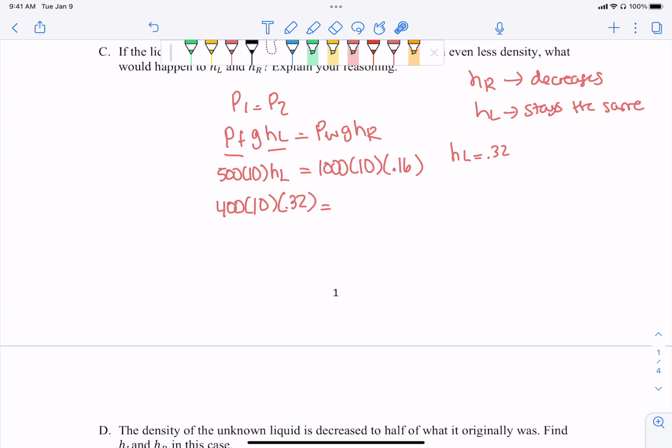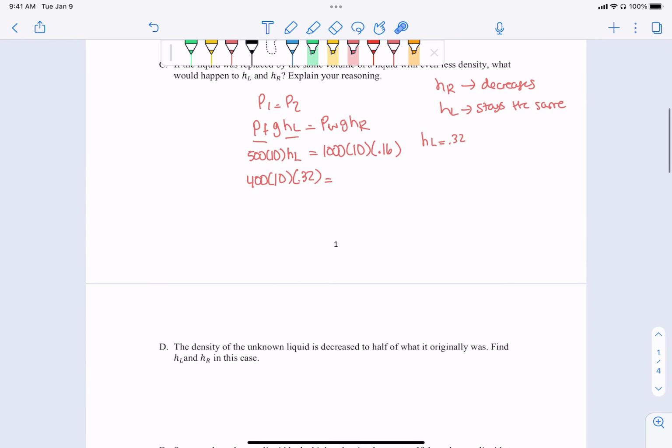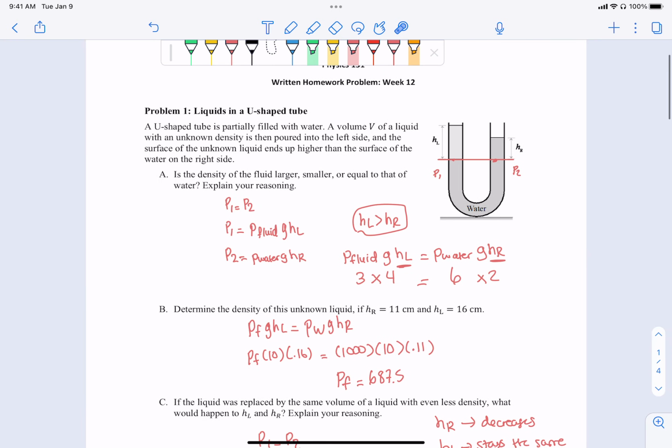So for the height on the left, I'm trying to think of a different kind of analogy to relate it, but it's really just about the amount or the volume of liquid added.